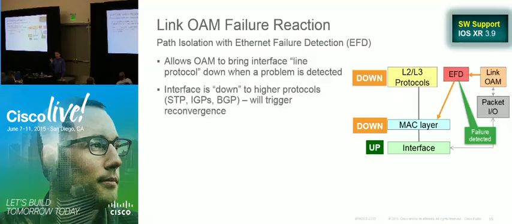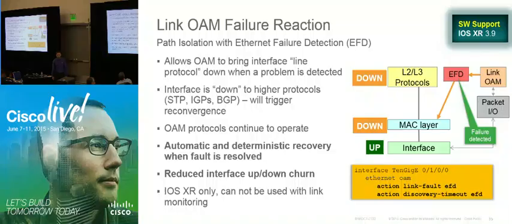We're still trying to send the OAM PDU packets, not the data plane packets, but the OAM packets, to see if we can recover. And once we recover, we can bring up the link fully. So this makes it more deterministic, reduces the churn, things like that. Much, much better than doing error disable. So if you have that option, if you have supported platforms, then yes, you can use it.